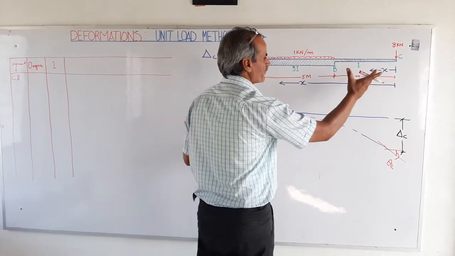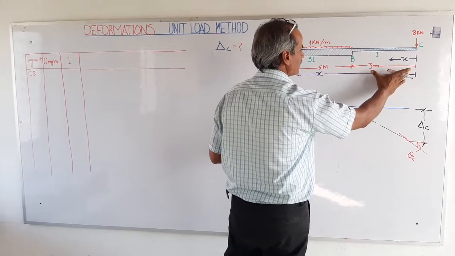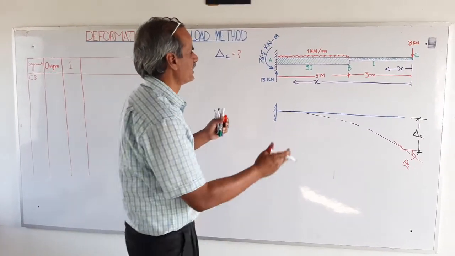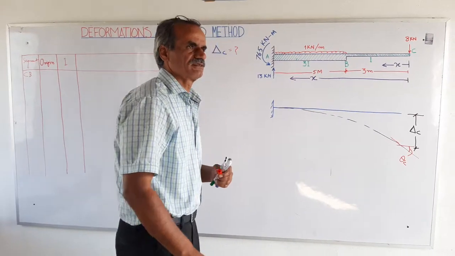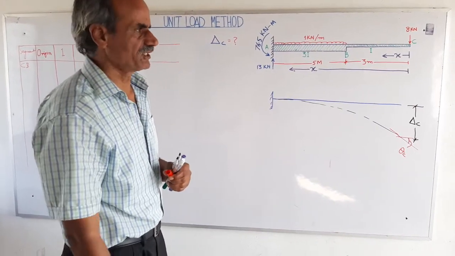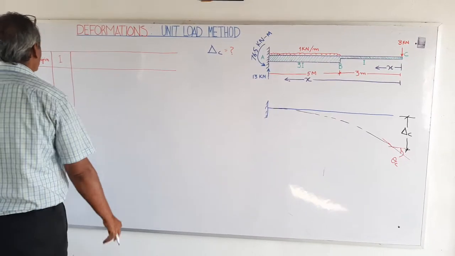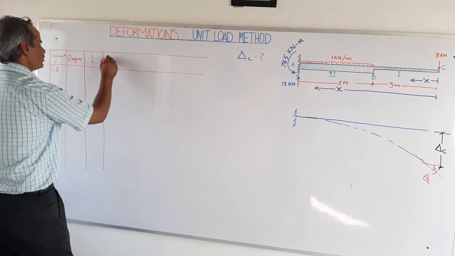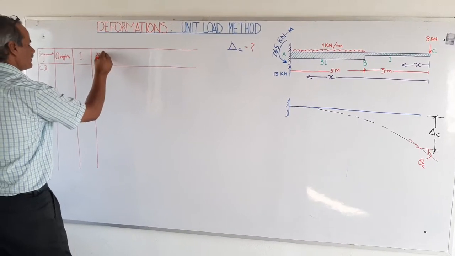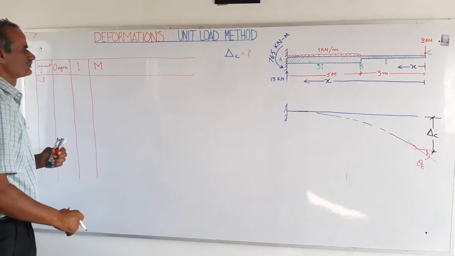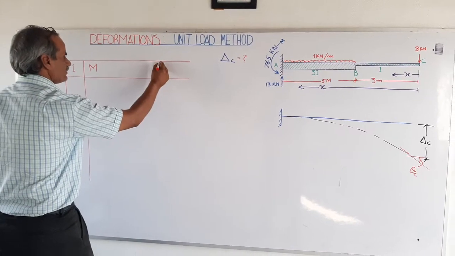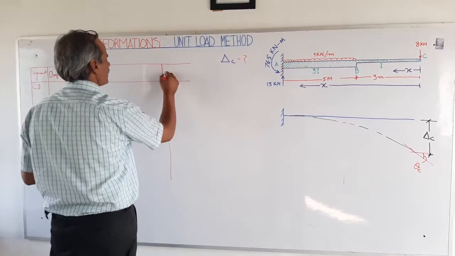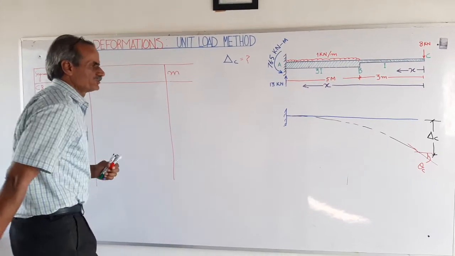Starting from the right, in the first 3 meters it is I, and in the next 5 meters it is 2 times more than that, that is 3I. So over here we write the equation due to service loads, and after that we write the equation due to a unit load applied.